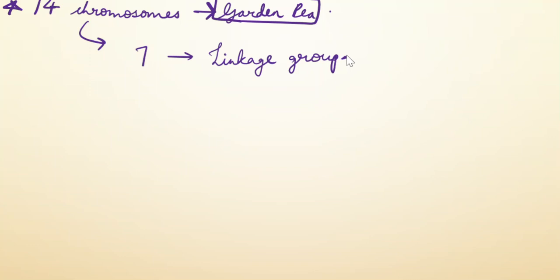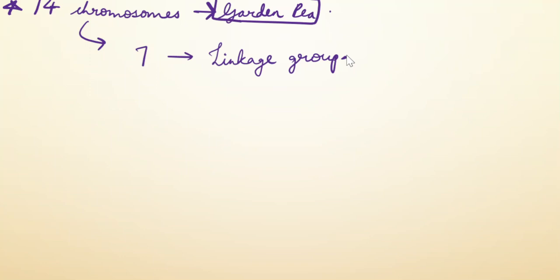So this is the entire concept about linkage and linked genes, who coined the word and all. The whole concept of linkage was given by Bateson, Punnett and T.H. Morgan, and I think the word was coined by T.H. Morgan only.